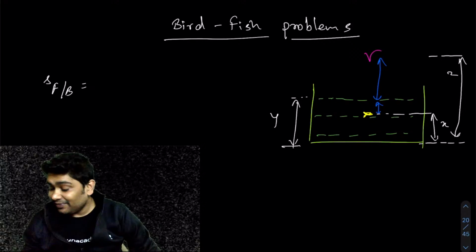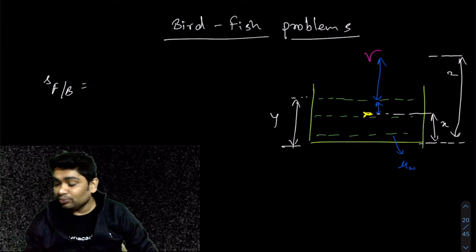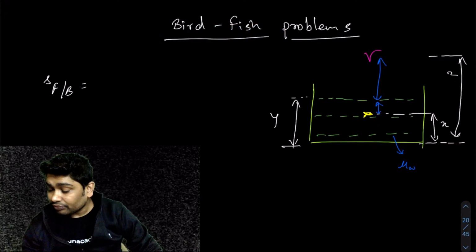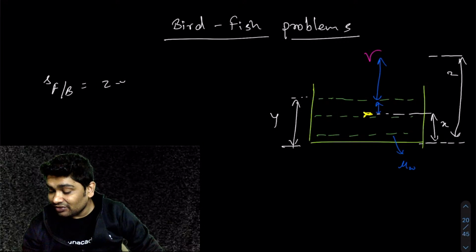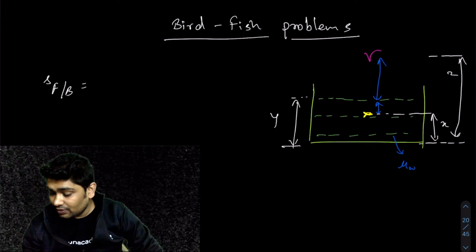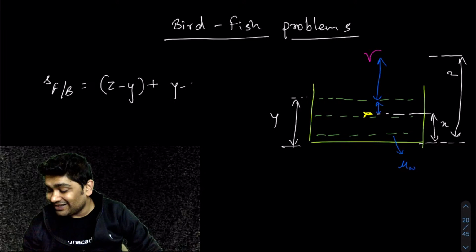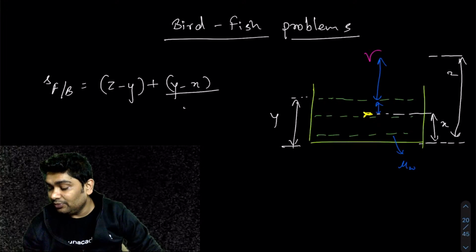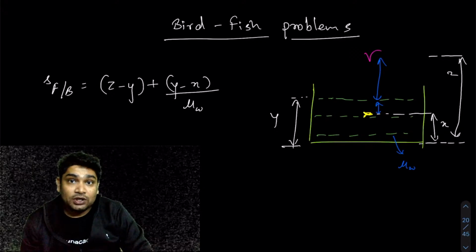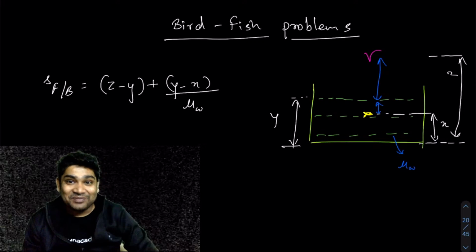If the refractive index of water is mu w, then this depth will become z minus y plus (y minus x) over mu w. So that depth will appear shallower. This will be the distance of the fish as seen by the bird.